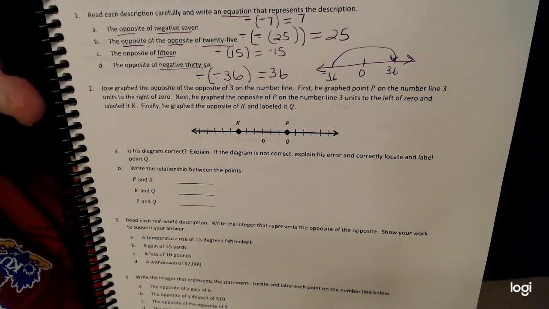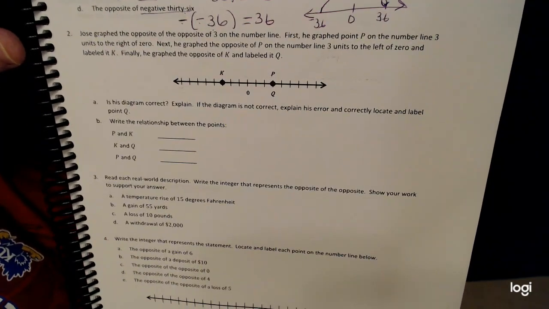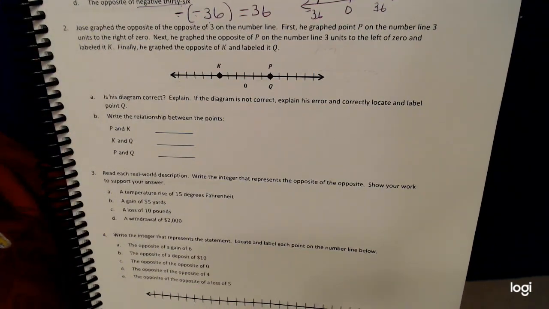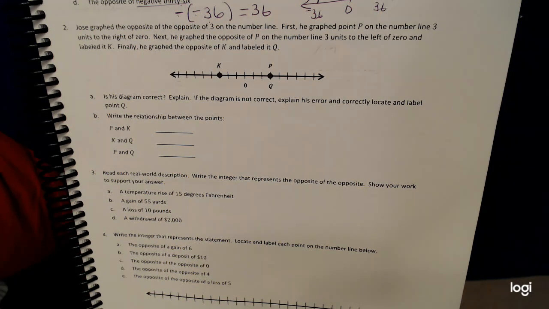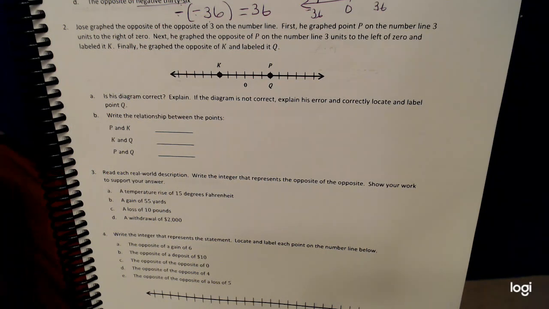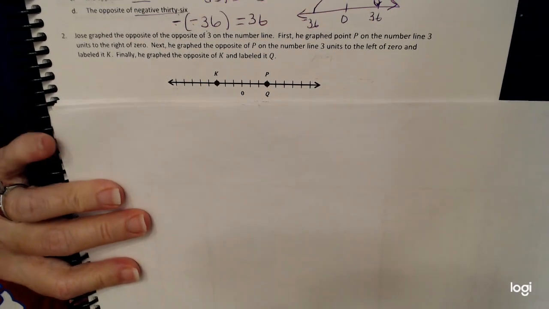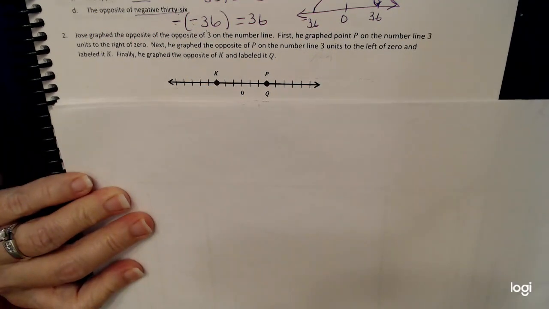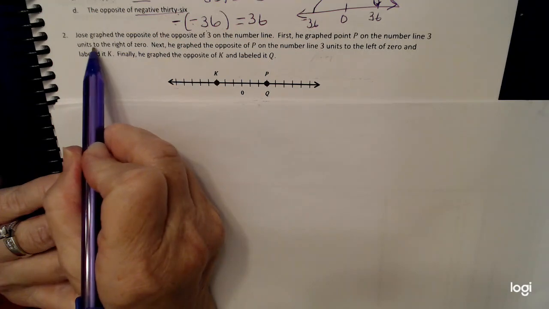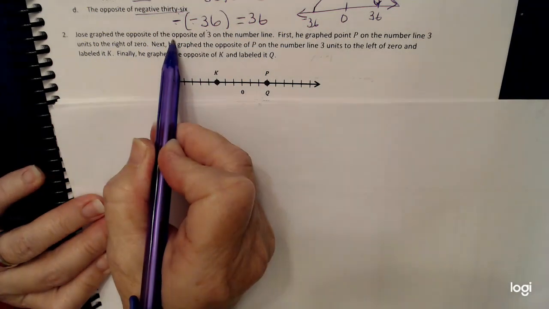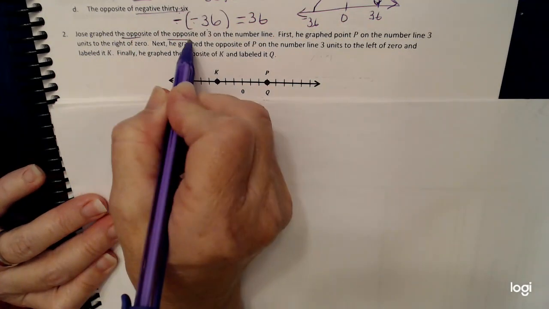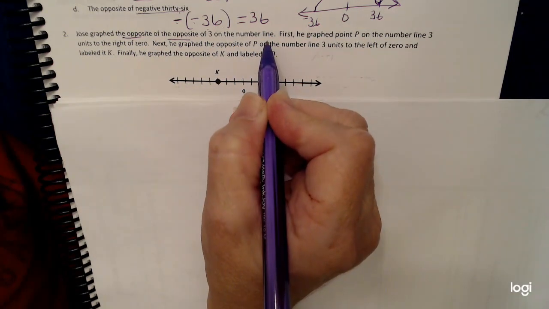Okay, so we're going to now look at problem number 2 here. See if we can kind of block some of this off so we can focus a little bit better. Here we go. Problem number 2 says, Jose graphed the opposite of 3 on the number line.